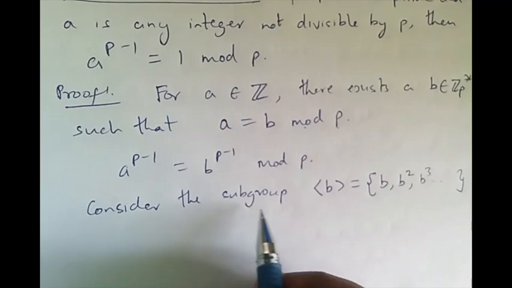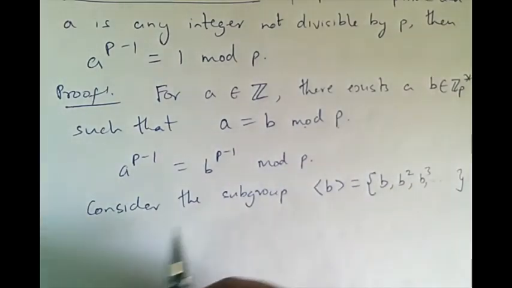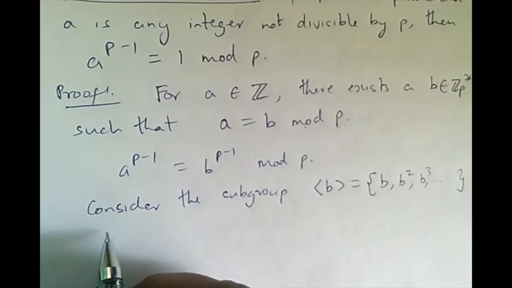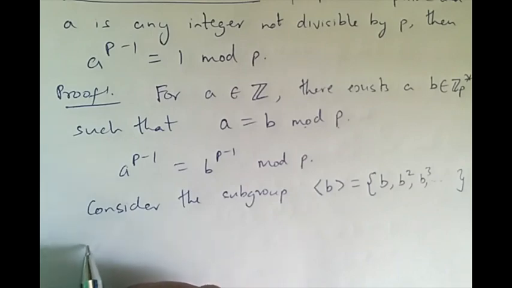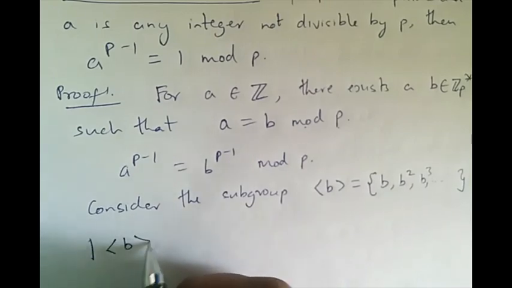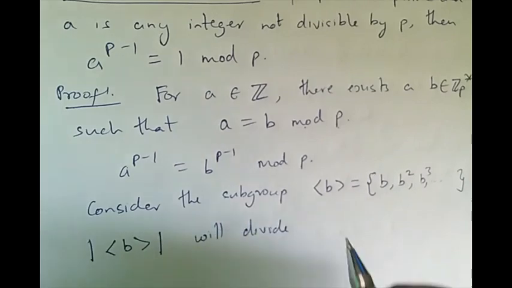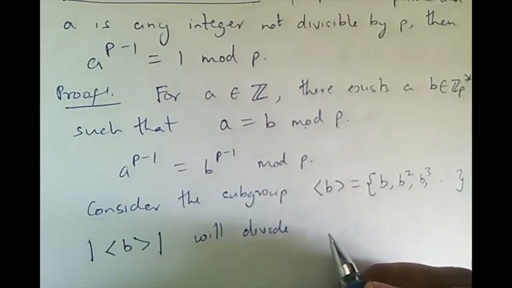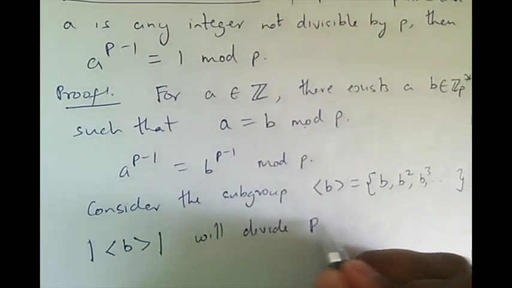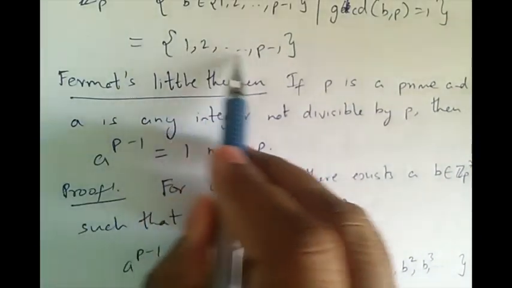So since Zp star is a finite group, this set is a subgroup of Zp star. And what do we know about subgroups of finite groups? The cardinality of this subgroup will divide the cardinality of Zp star. And the cardinality of Zp star is p minus 1, because Zp star is precisely these elements 1 to p minus 1.